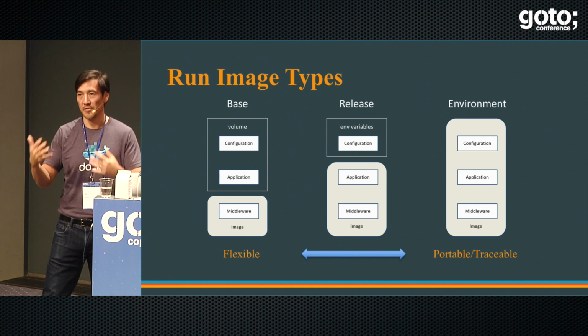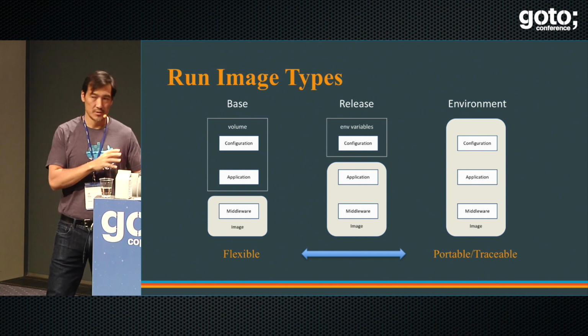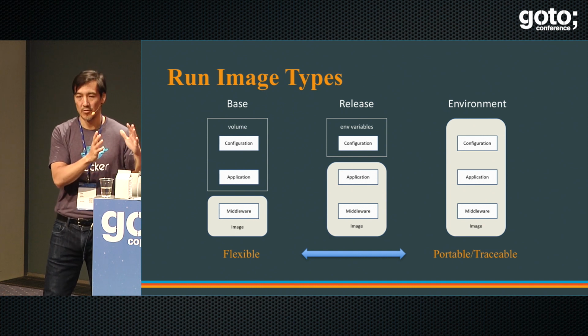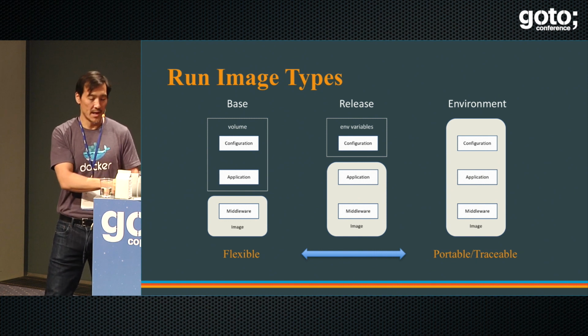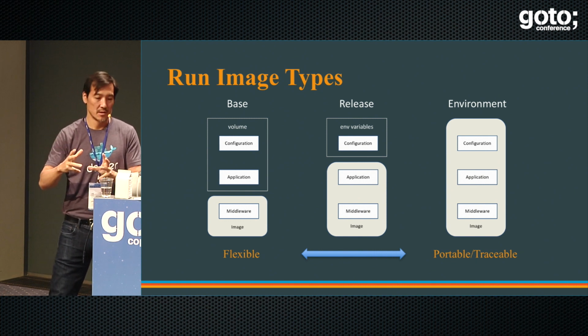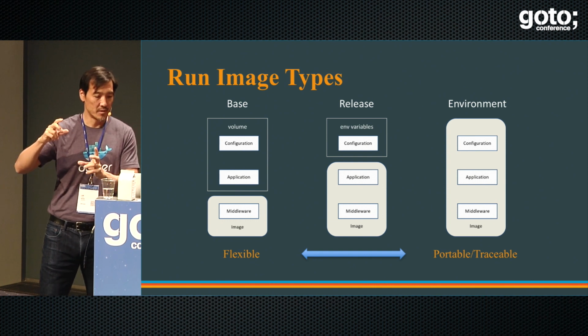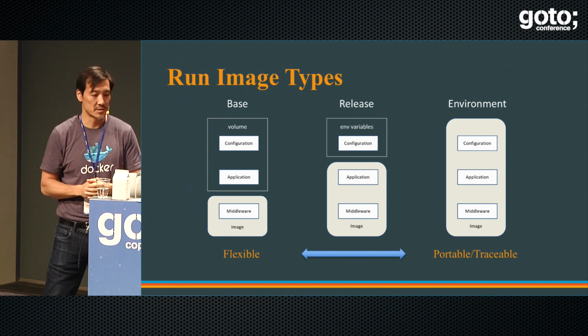We call this type of image environment agnostic. This gives you a nice combination: it's still flexible because we can inject things for just a particular environment, yet it has enough traceability and portability that you can then apply it to different environments.